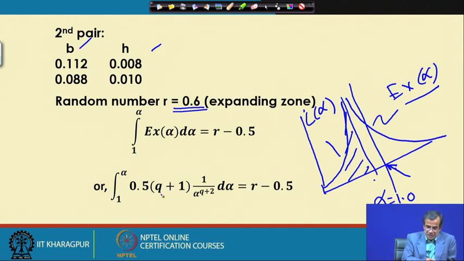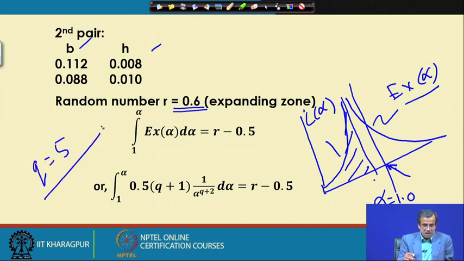The q we have assumed here is, I think, 5, no, I am sorry, this is 4 here. So, the integration from 1 to alpha prime of E x alpha, that is (q plus 1) into 1 divided by alpha raised to the power q plus 2, d alpha, is r minus 0.5.